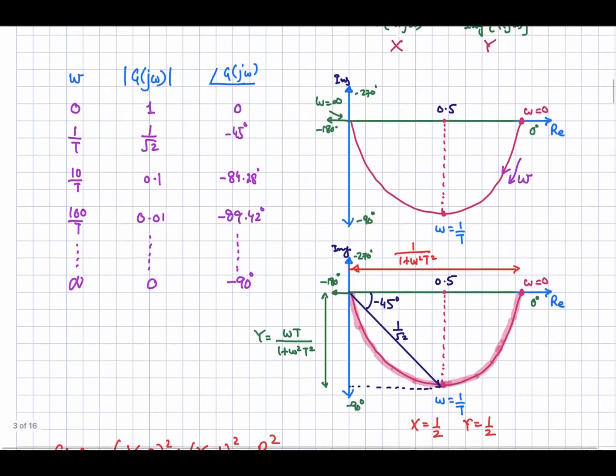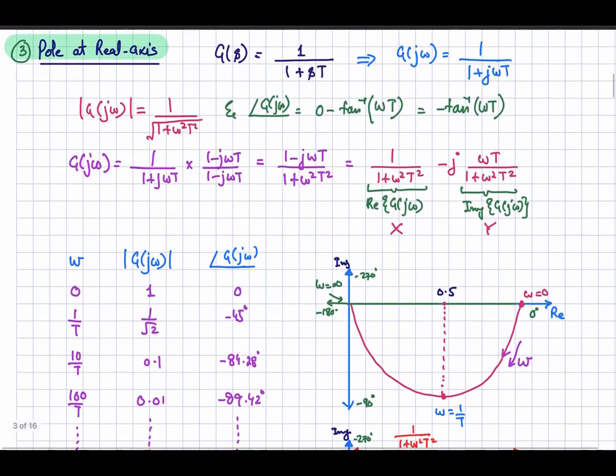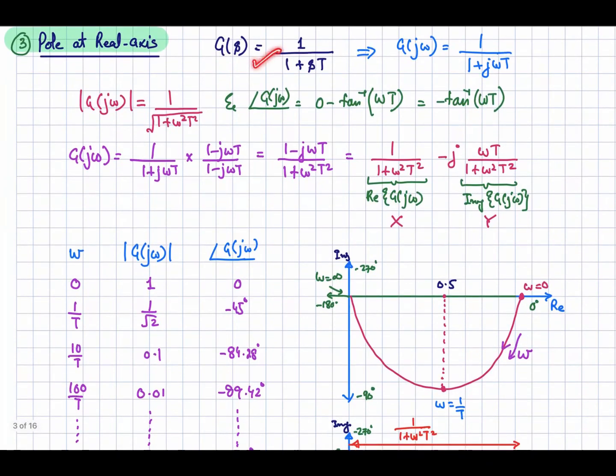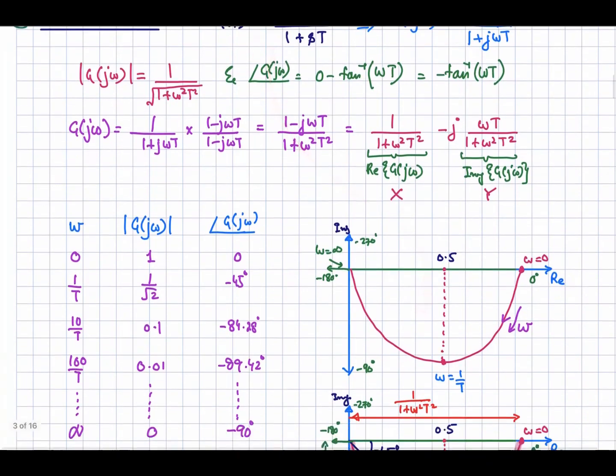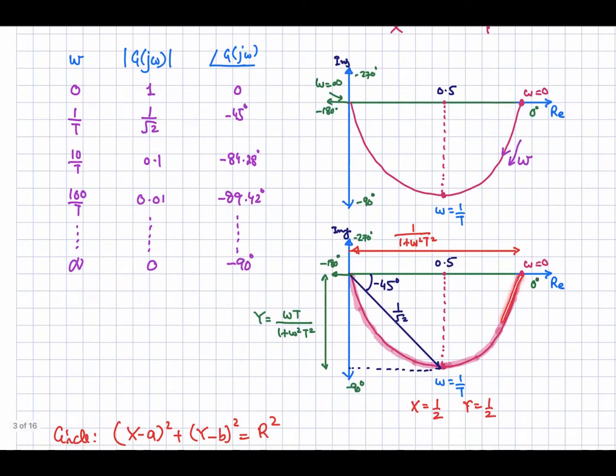So a pole at the real axis which is given by this transfer function will have this polar plot, and this is going to make a semicircle when the frequency changes from omega equal to 0 to omega equal to infinity. So it will make a semicircle, and that we have proved, and its radius will be equal to 1 by under root 2, right?